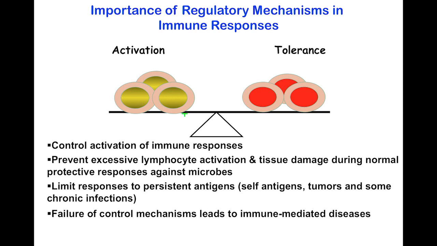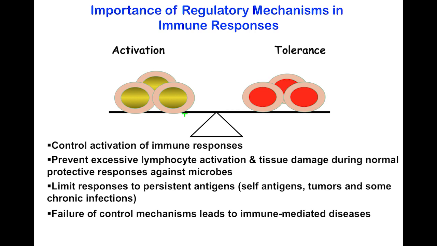Excessive T lymphocyte activation can lead to immune-mediated tissue damage, and so we need to regulate the immune responses to protect against this. In addition, there are certain scenarios where there are persistent antigens. Unlike a microbe that can be cleared and goes away, the immune system constantly sees self-antigens.